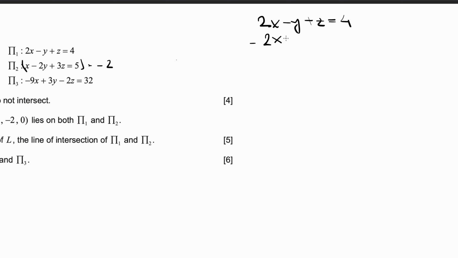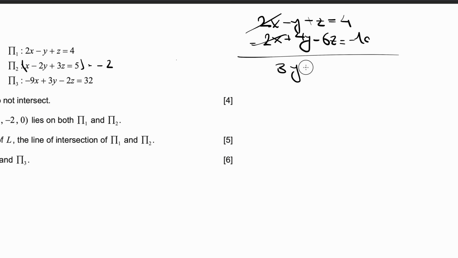So negative 2x plus 4y minus 6z equal to negative 10. This will be 3y minus 5z equal to negative 6.